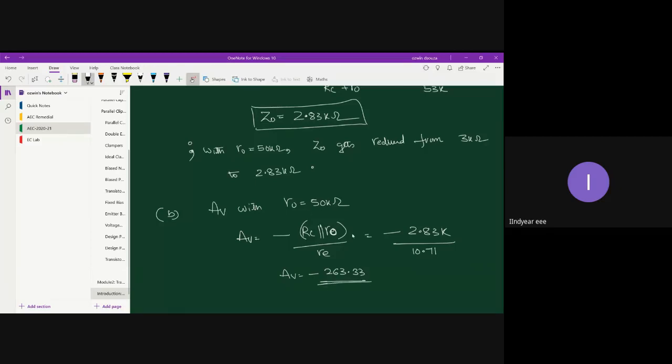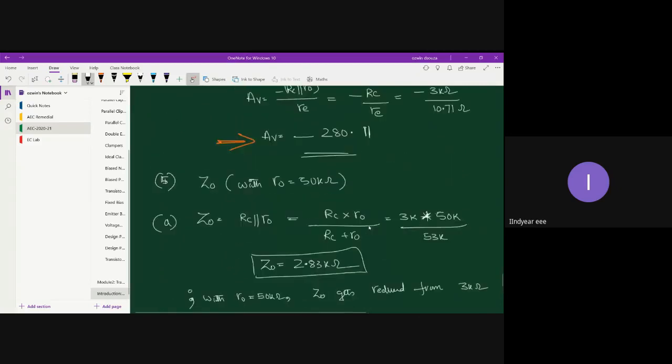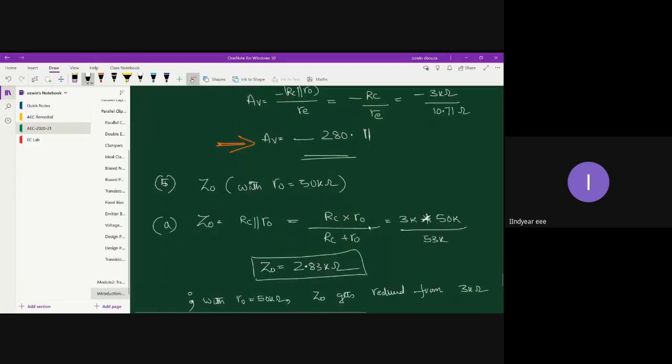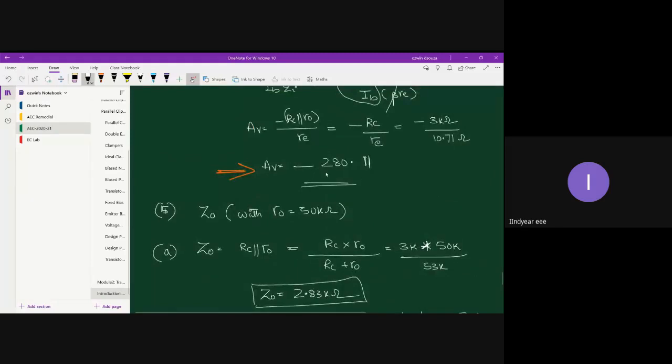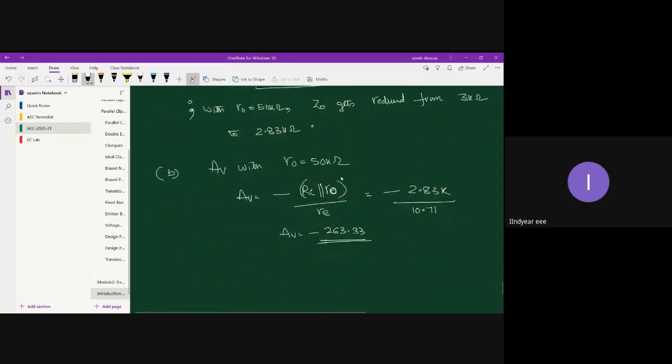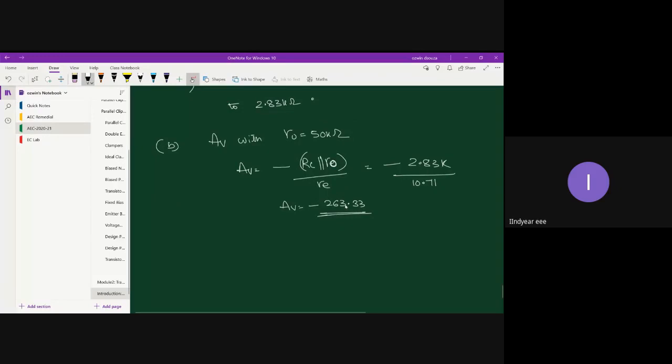So what is the conclusion for AV? By how many units has the voltage gain reduced? The earlier voltage gain was negative 280 and the present voltage gain is negative 263.